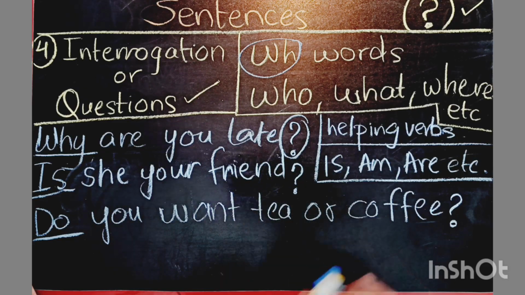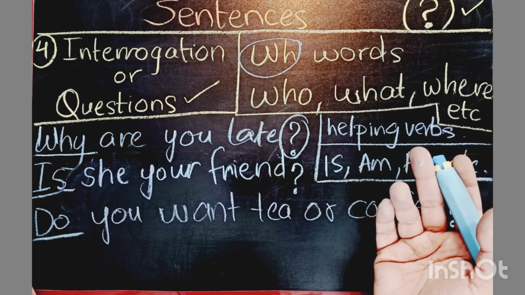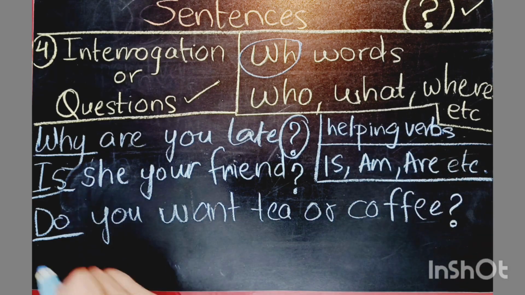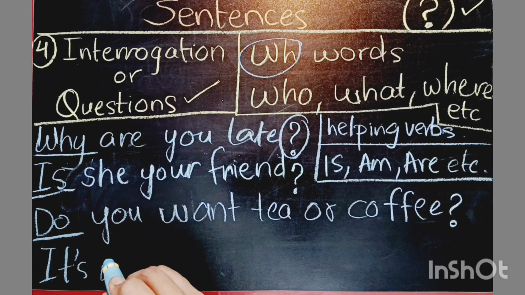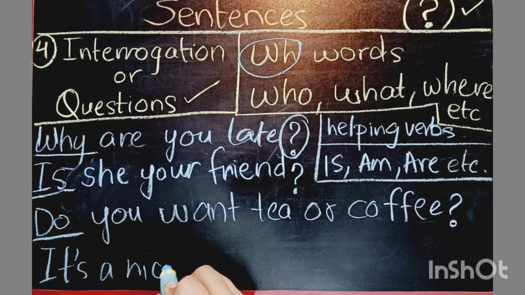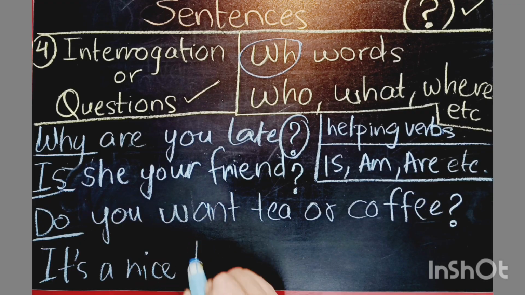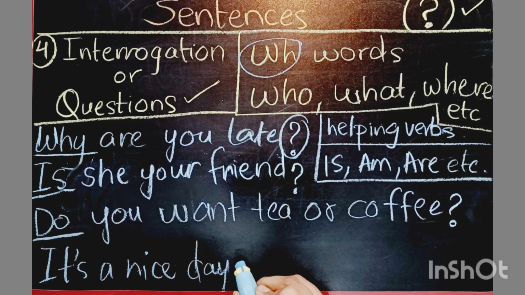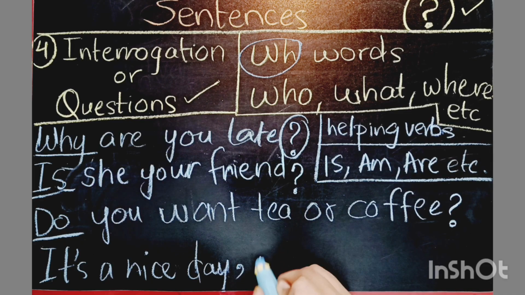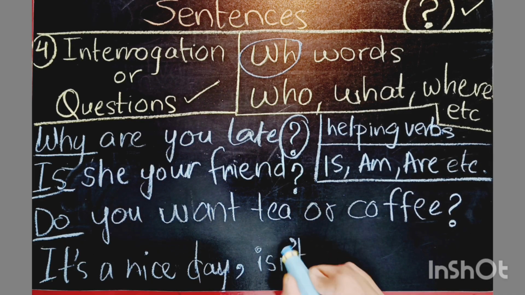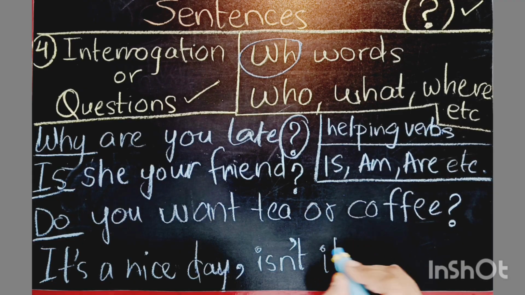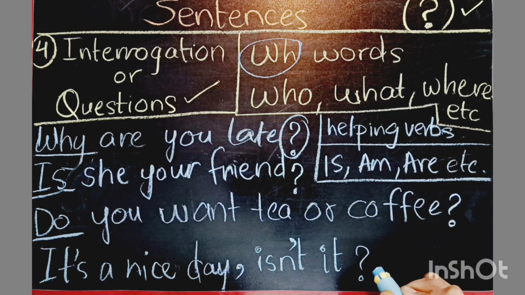Let us move forward by thinking of another question sentence like it's a nice day, isn't it? This sentence, comma, isn't it? It is also asking someone about the opinion.